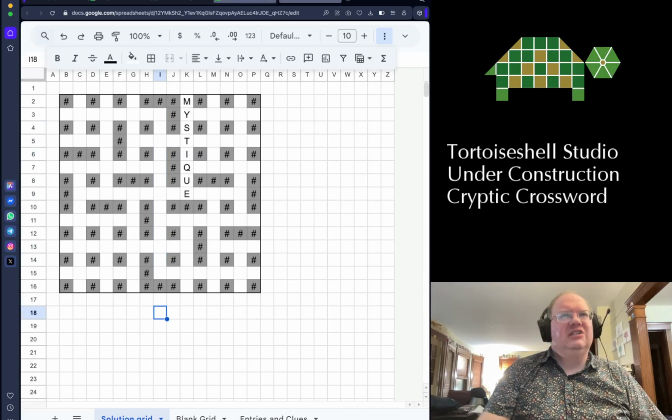What are some interesting X words that we could have?